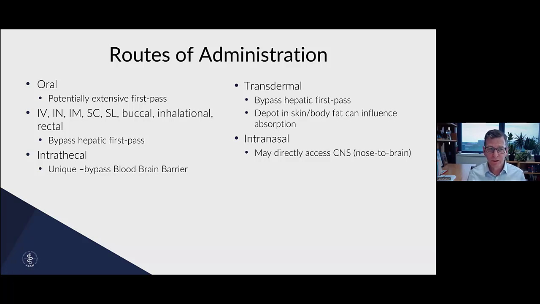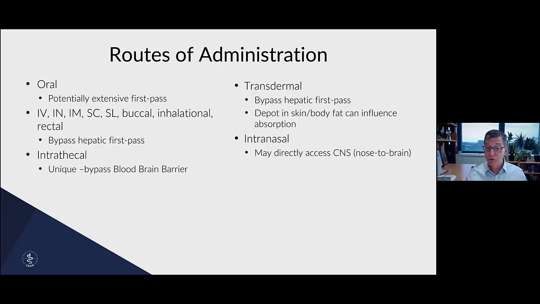I think everybody knows this, and it's not particularly new information, but remember that oral medications are often susceptible to extensive first-pass hepatic metabolism, which is why so many medications, like naloxone, for example, can't be given orally, or buprenorphine, for that matter, is not given orally. All these other routes that are parenteral, whether it's IV, intranasal, intramuscular, buccal, or inhalational, all bypass first pass through the liver.